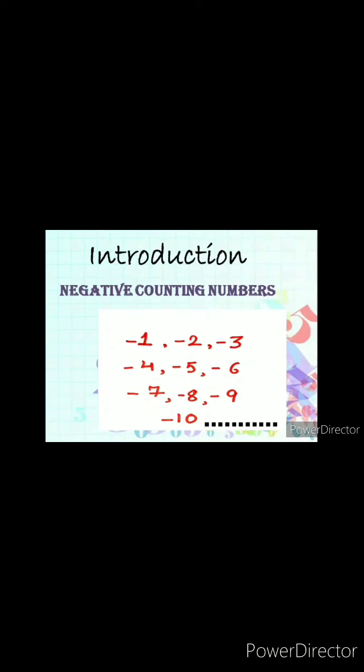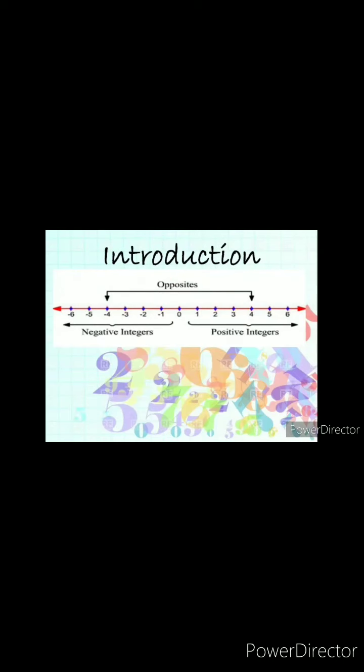Now, don't you feel like these negative counting numbers are opposite of positive counting numbers or the natural numbers? Yes. These positive numbers are opposites of negative numbers, whereas the negative numbers are opposite of positive numbers.